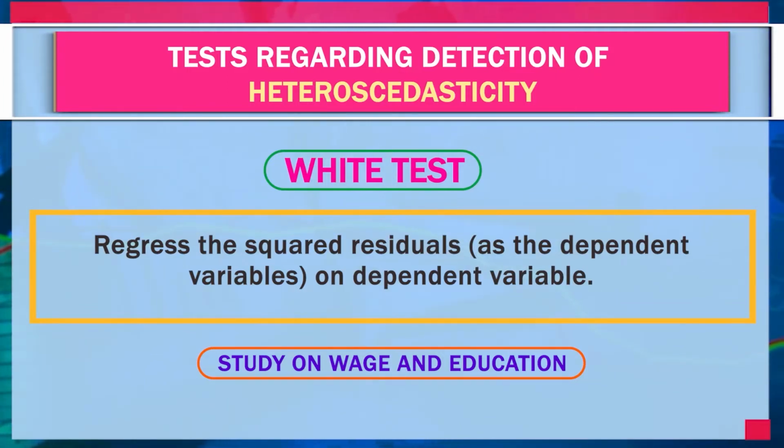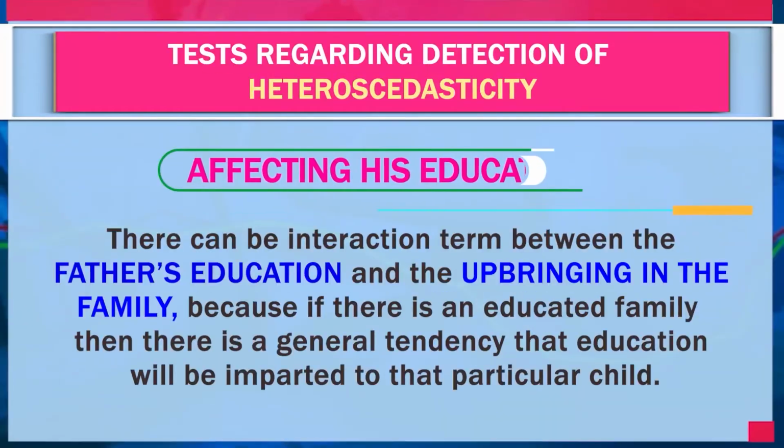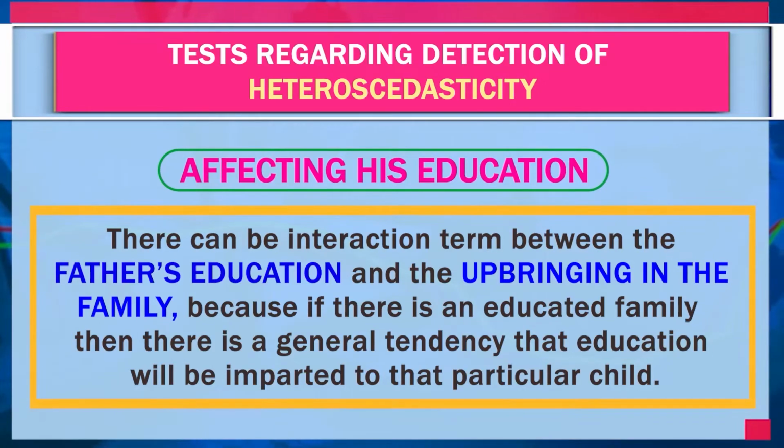Another independent variable may be the parental education. Another independent variable may be the proximity of his place of residence to the educational institution. Another can be any kind of family upbringing, that also is one of the major variables affecting his education.